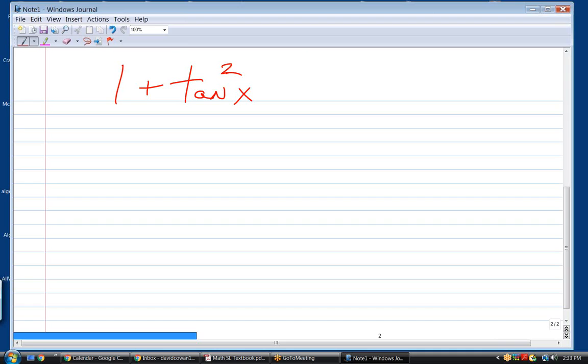Does it have cotangent in it? No, it's got secant squared. Okay, it's equal to secant squared. The one that has cotangent is the third one. In other words, this is the second Pythagorean trig identity. What's the third one?